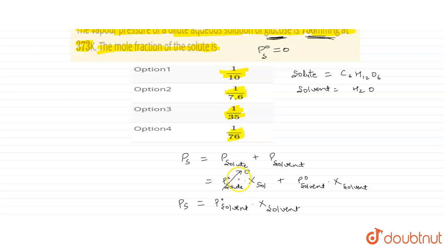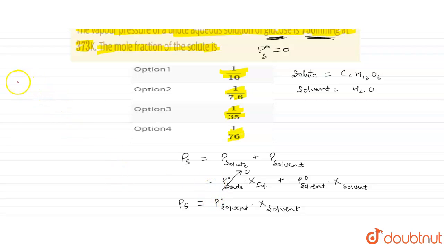When we add a non-volatile solute to the pure solvent, the vapor pressure of the solution decreases. We all know that the vapor pressure of the non-volatile solute in solid form in the pure state is 0. So here P naught solute is 0. This is how the vapor pressure of the solution decreases when we add a non-volatile solute to the pure solvent.